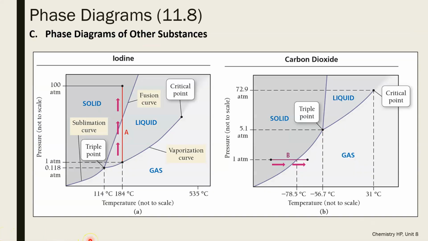So we're at 0.5 atmospheres, somewhere down in this range, and we're going to start here at negative 60. We're definitely in the gas phase, and we're going to warm it to 30 degrees Celsius. We stay in the gas phase the whole time, so there actually is no state transition. It's completely in the gas phase the whole time.